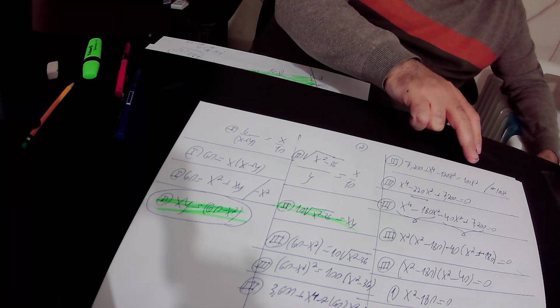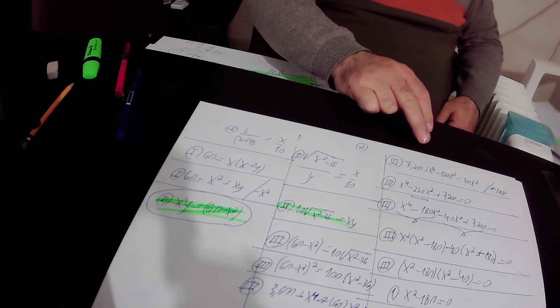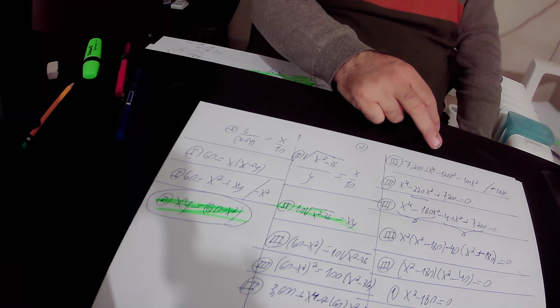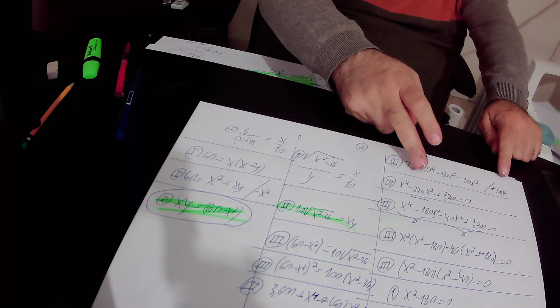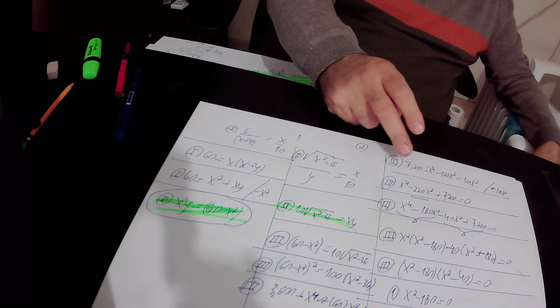We subtracted 100 x squared from this equation, and we got that x to the power of 4, minus 120 x squared minus 100 x squared is minus 220 x squared, plus 7200 equals 0.